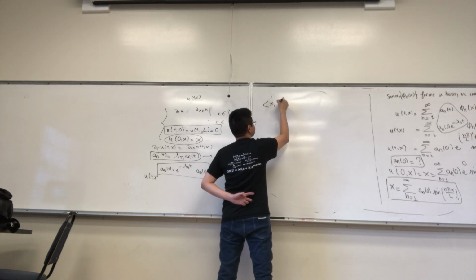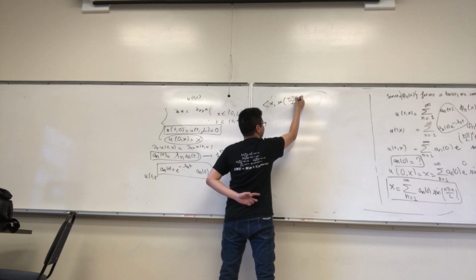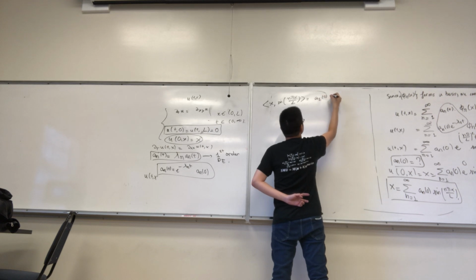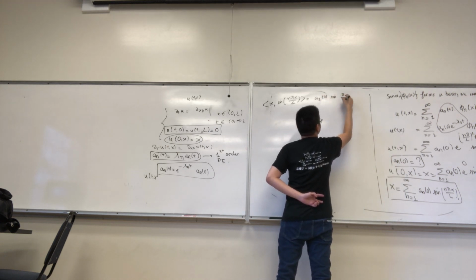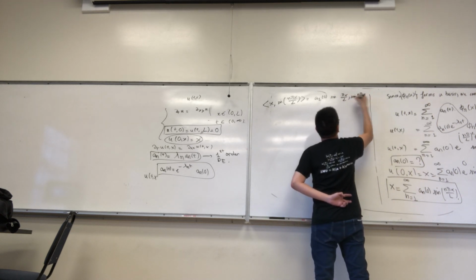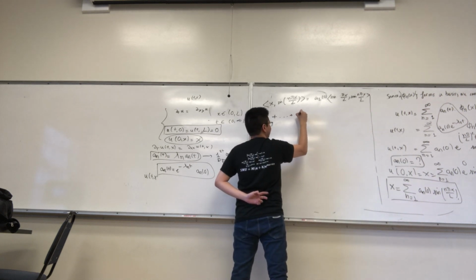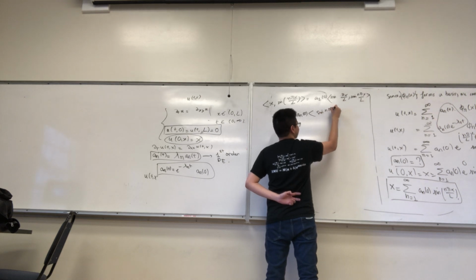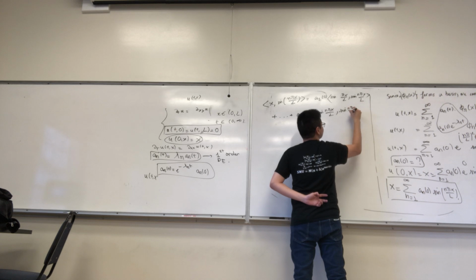So you have x times sine of n pi x over L. And then this is going to be a_1(0) sine of n pi x over L, and so on. You take the inner product with sine of n pi x over L. And then you have a_n(0) sine of n pi x over L.